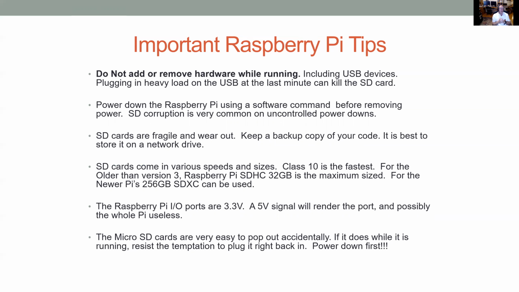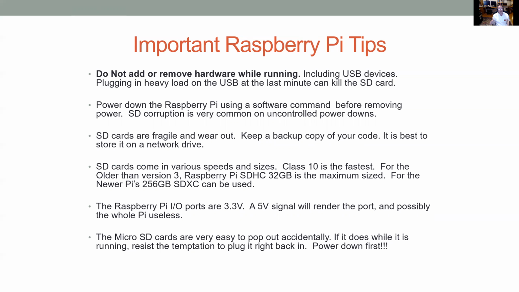The SD cards come in various speeds and sizes. The class 10 card is the fastest, and this is what you want to use on the Raspberry Pi. For Pis older than version 3, the 2s and earlier, the maximum size was an SDHC 32 gigabyte, and that was because of the style of formatting in the SDHC.